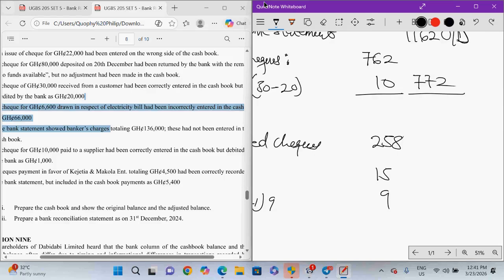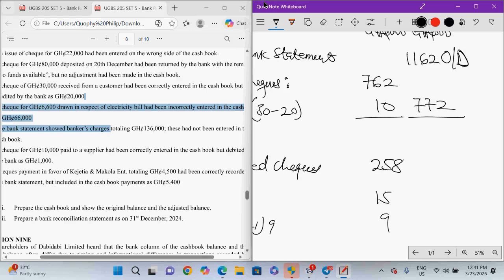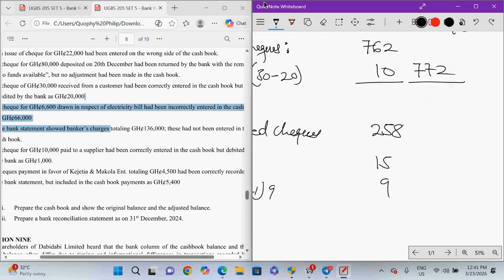Which one is the 282? The summation of the unpresented check, wrong debit. You're talking about this one. Yes, sir. Okay. So that is 282.